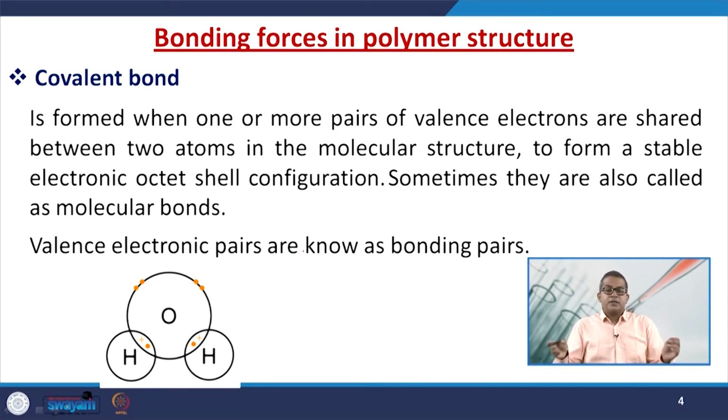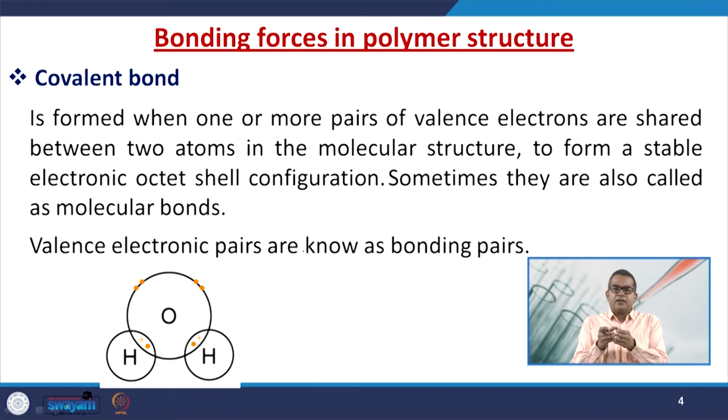Now, the covalent bond is formed when one or more pairs of valence electrons are shared between two atoms. There is sharing, and there may be an overlapping of the valence electrons in the molecular structure. Thus, the structure they form has a stable electronic octet, and the shell configuration is very strong in this type of structure.